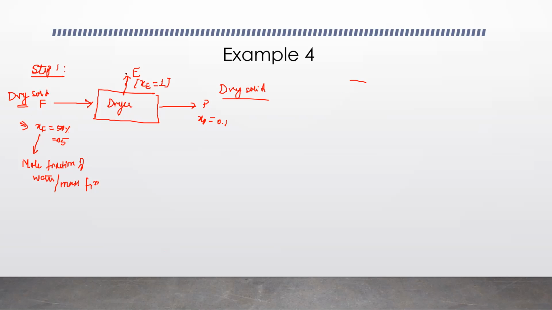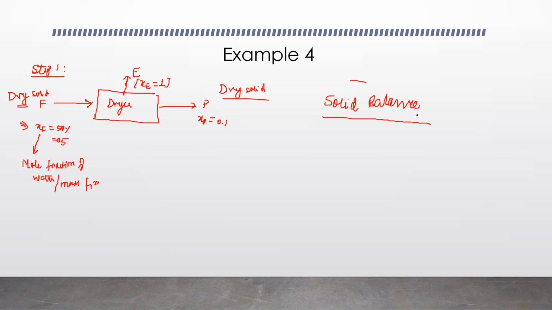The solid is going to be there itself. Since solid is always constant throughout, instead of doing anything else, in drying we can form the first equation itself for solid balance.